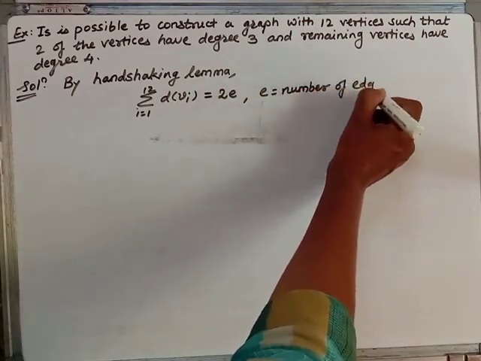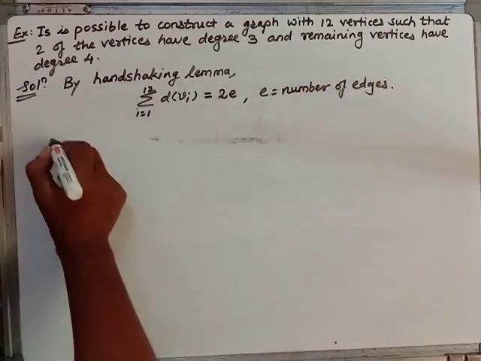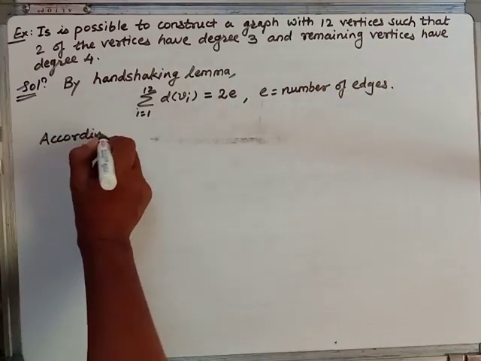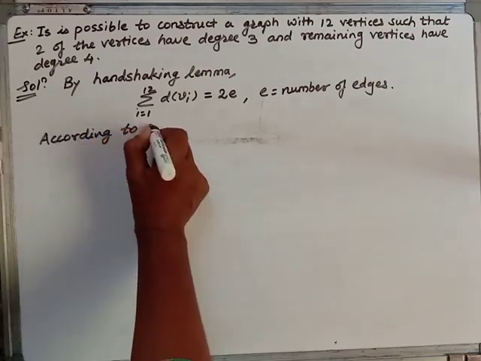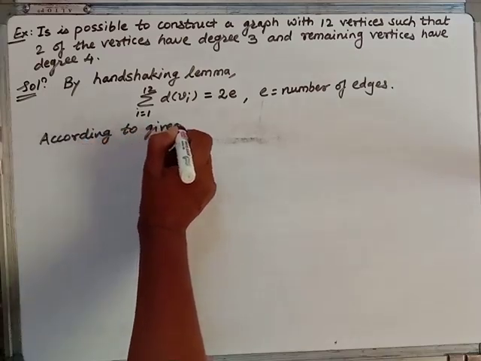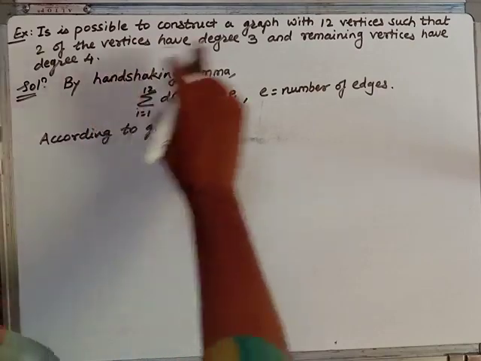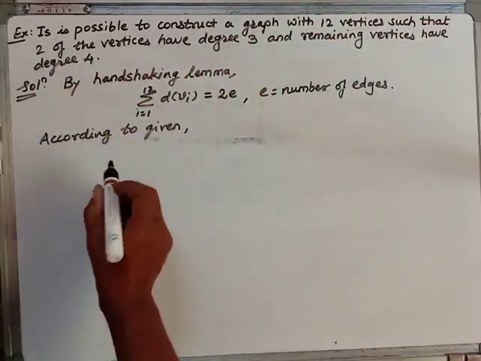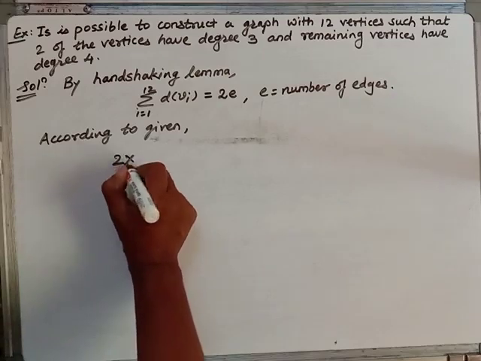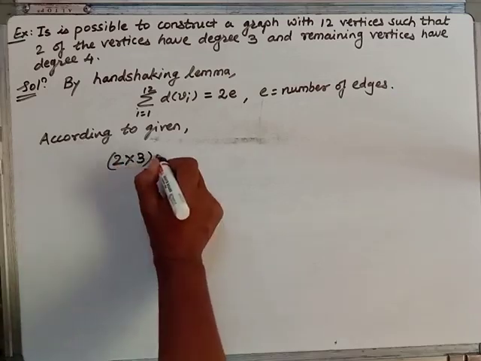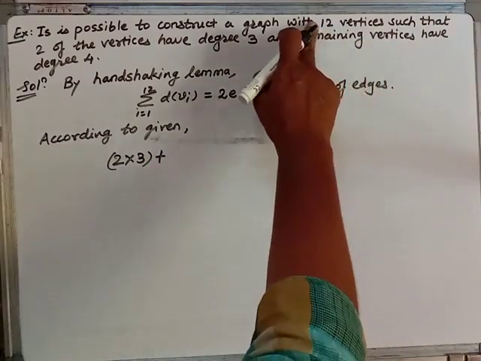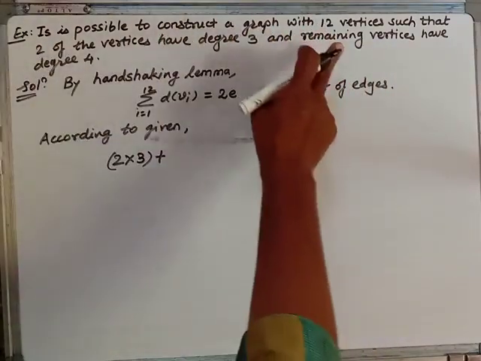Now according to what is given, 2 vertices have degree 3, so 2 into 3, plus the remaining vertices. Remaining are 10 minus 2, that is 10.